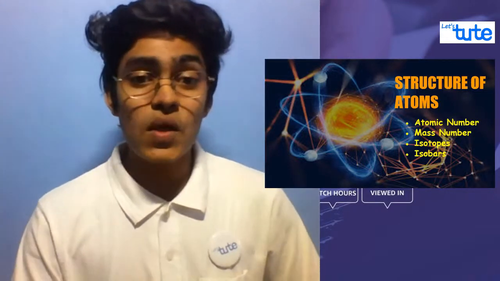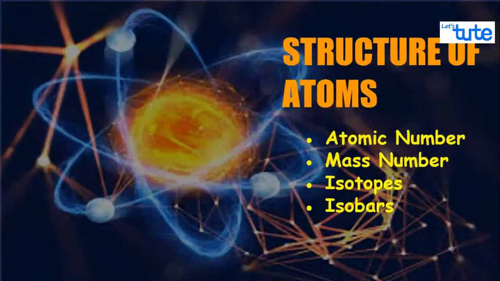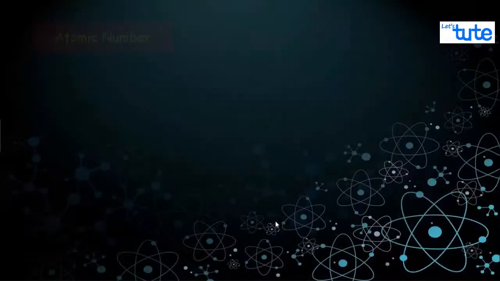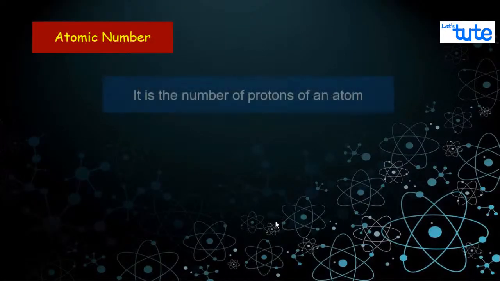Okay, so let's quickly start. What are atomic numbers? So we are first going to study what are atomic numbers. What is atomic number? Till now we have studied that there are various subatomic particles in an atom. There are electrons, there are protons.